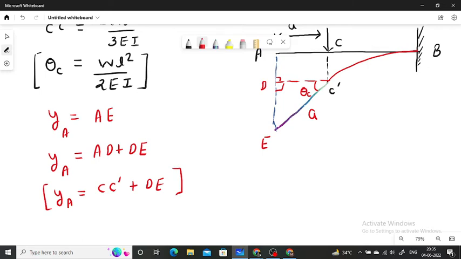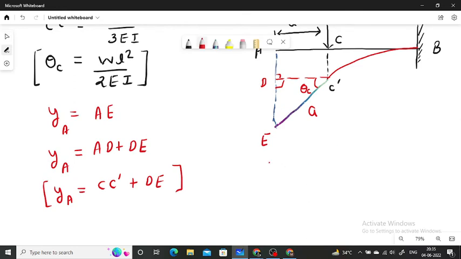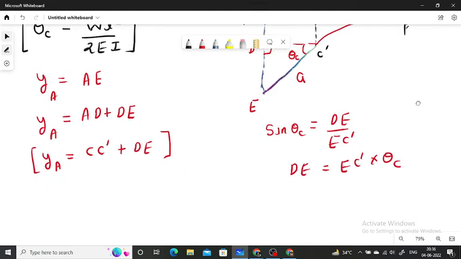So, if theta C is WL square upon 2 EI, then from this right angle triangle, sin theta C will be equal to DE upon EC dash, or DE is equal to EC dash into theta C. Here theta C is very small and sin theta will be theta.